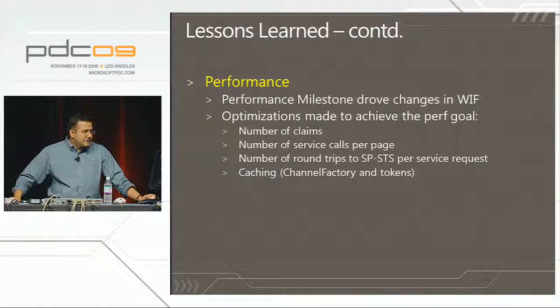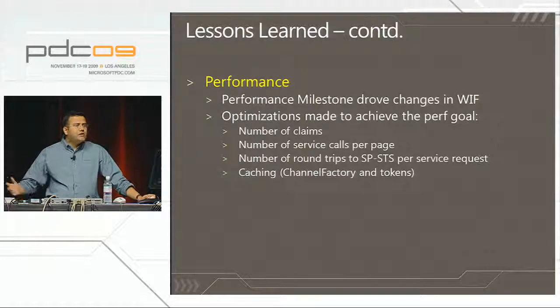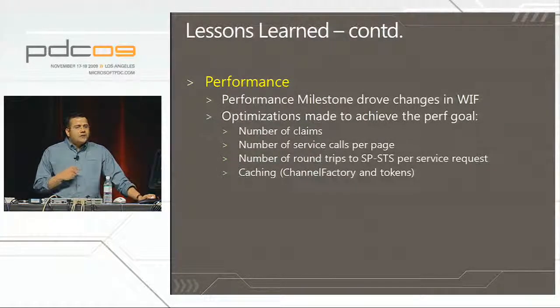The first thing is the number of claims that are getting inside the token. In a typical enterprise, for example at Microsoft, we have users who belong to like 200, 300 groups. So you determine how many claims you really care about for your services. For example, the backend service that I mentioned, which has the gatekeeper and does the service authorization, doesn't need all the group sets.